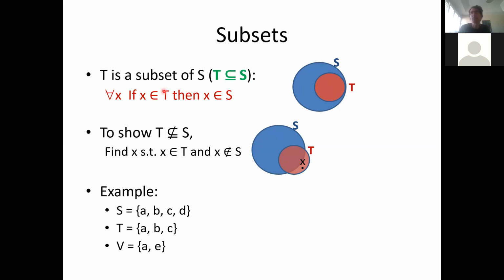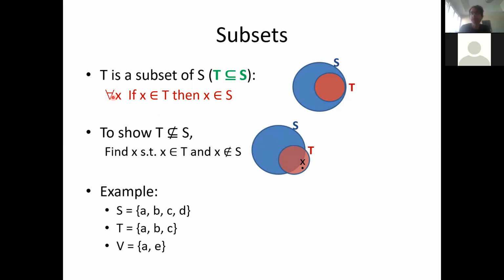Because that's what we said about implication. We say this every time, that if the hypothesis is false, then the implication is true. So everywhere outside of T, this holds. Okay, good. So we checked that this holds for everybody outside of T.